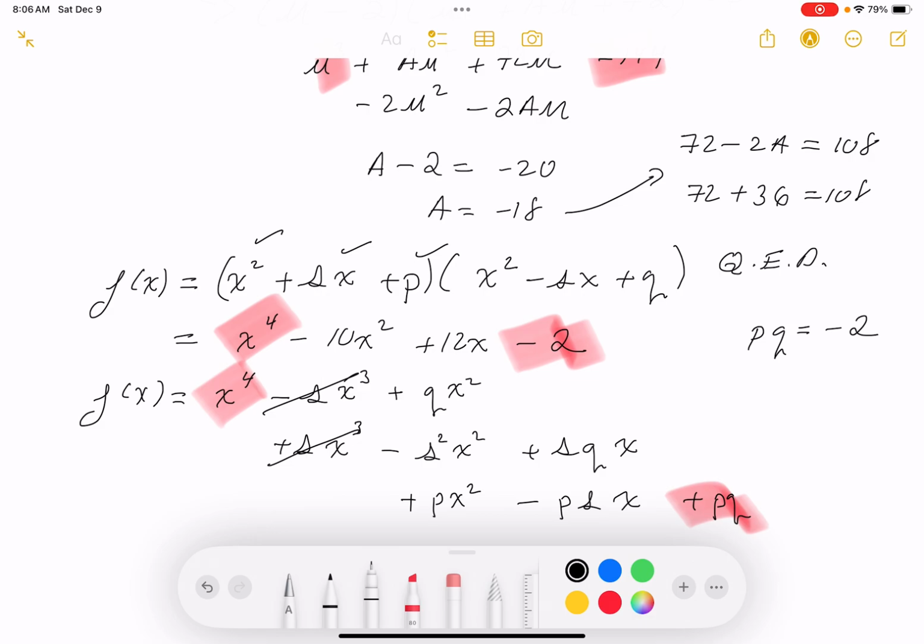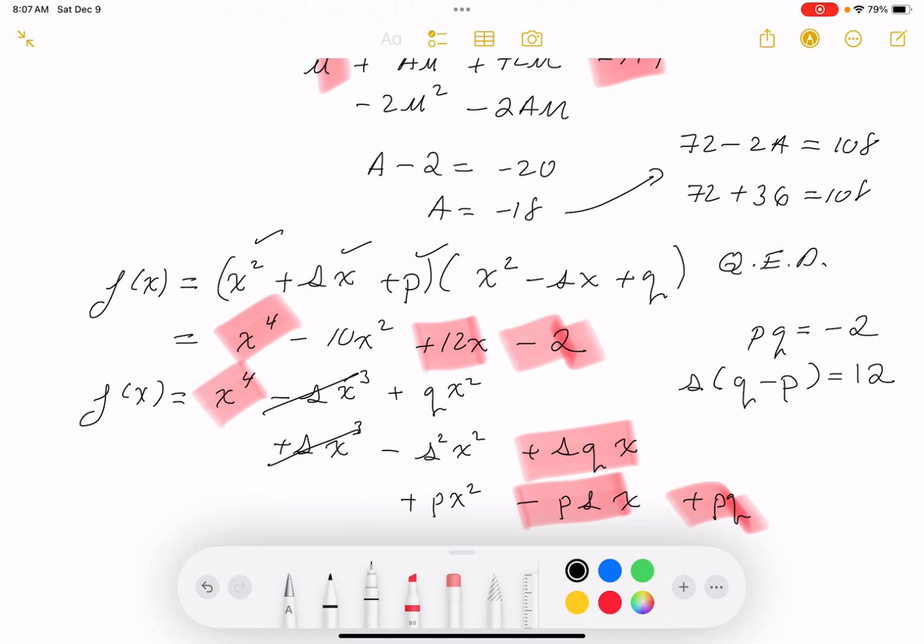Now, next one's going to be the linear term. So I'm looking at this, whoops, sorry about that. I'm looking at this, and this. And I'm going to equate the coefficients now. So I'm looking at that, and they both have an s involved. So I'm going to say it's s times q minus p, and that should equal 12.